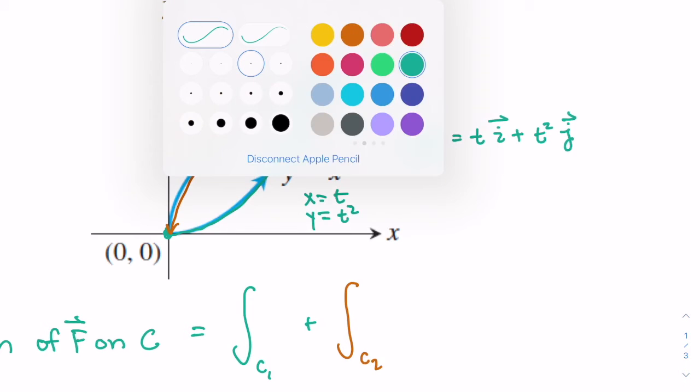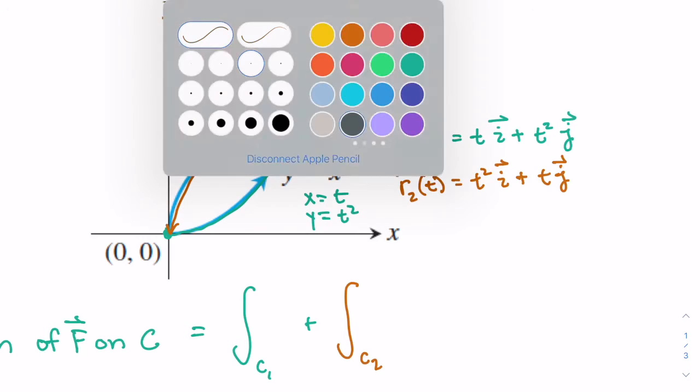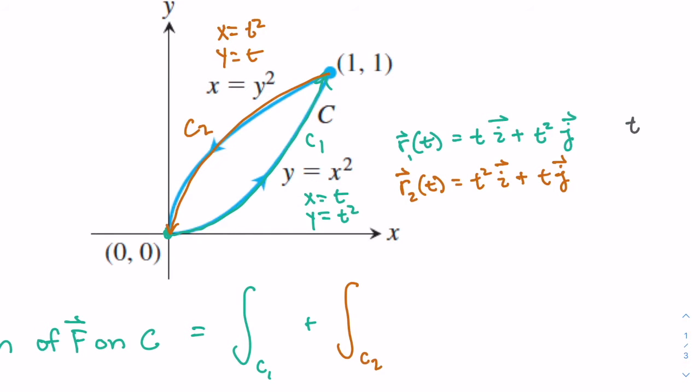For the second term, we would have to do a second parametric equation, and this one was almost just the opposite. In this case, we could parameterize x as t squared, and y would be t. So we would have t squared in the i direction plus t in the j direction. Of course, both of these would have to have bounds on t, from a to b, and t would similarly have to be bound between two values.